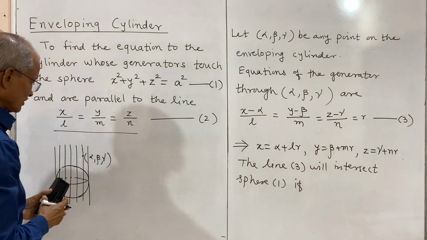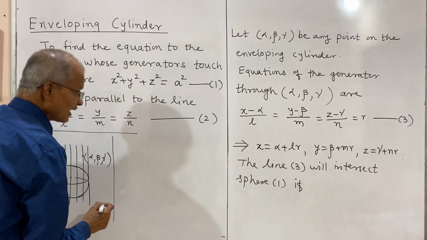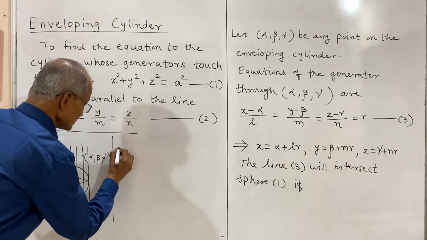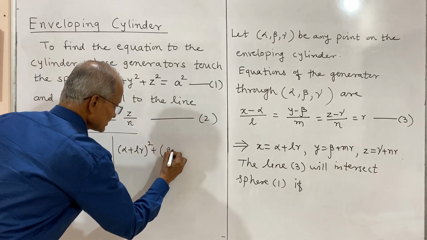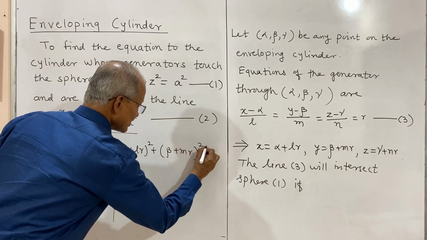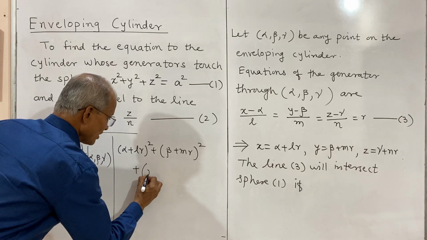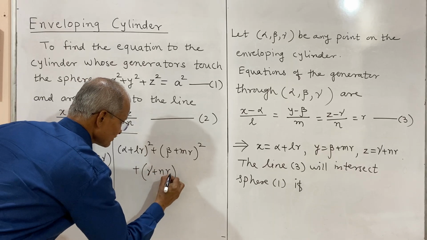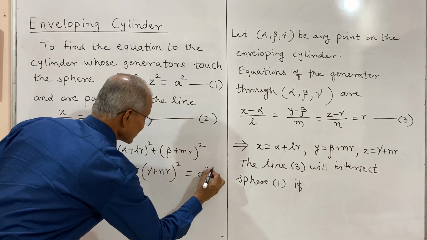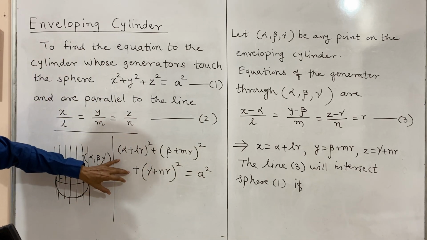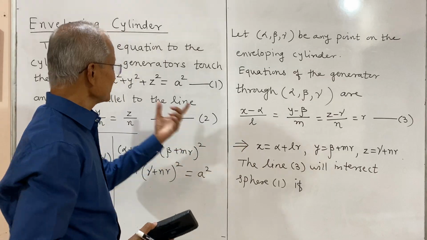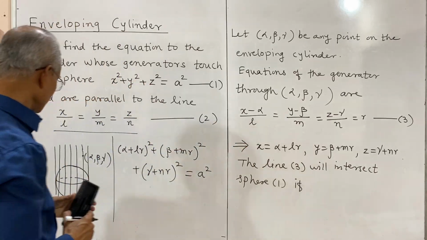So x square means alpha plus LR whole square, plus beta plus MR whole square, plus gamma plus NR whole square, is equal to a square. If this equation is satisfied, the coordinates satisfy the equation of the sphere.